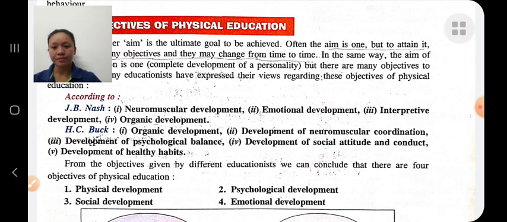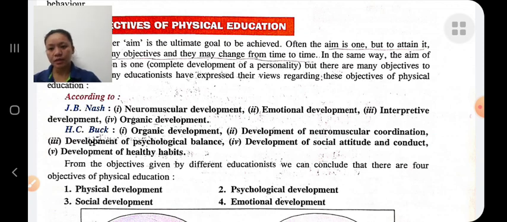Emotional development. Emotions like hate, anger, aggressiveness, etc. If the person participates in physical activity, it helps to balance the emotions in his life. Interpretive development, organic development: physical education helps in skillful performance, which helps the body to conserve energy.